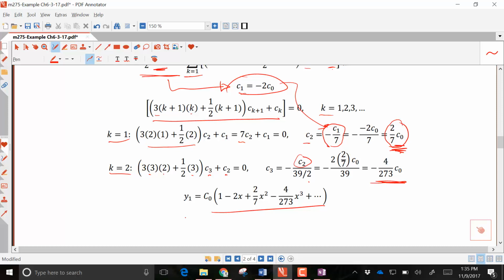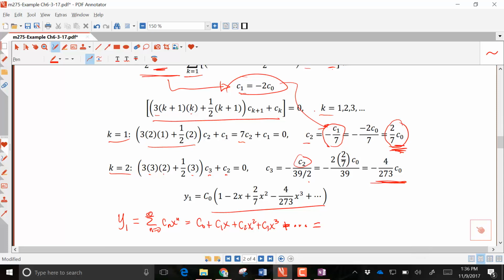So the power series, your y1 should equal the sum for n from 0 to infinity of c n x to the n. So that's n plus 0. The c naught plus c1 x plus c2 x squared plus c3 x cubed plus dot dot dot.